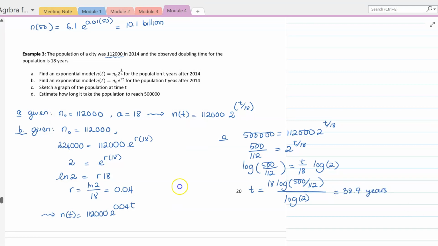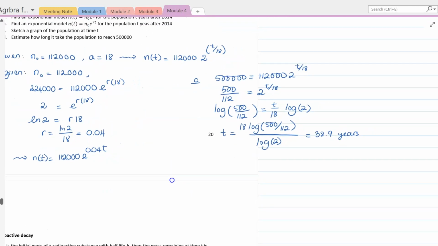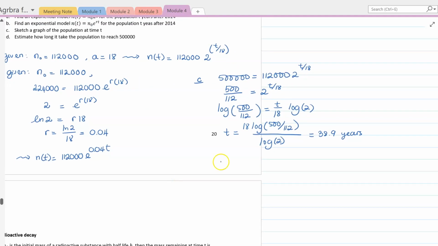And let's see what happens if we use the other formula.